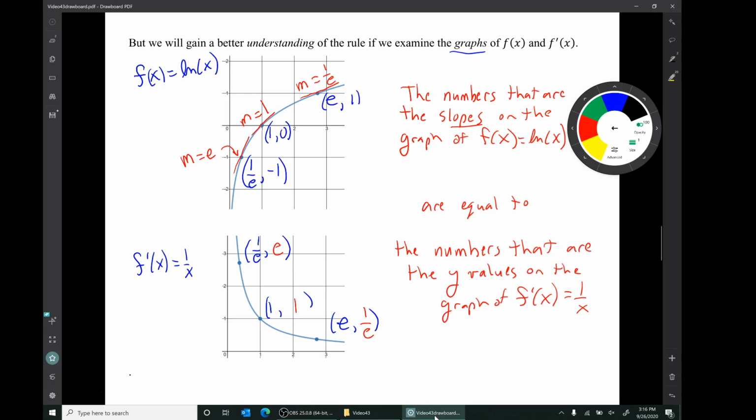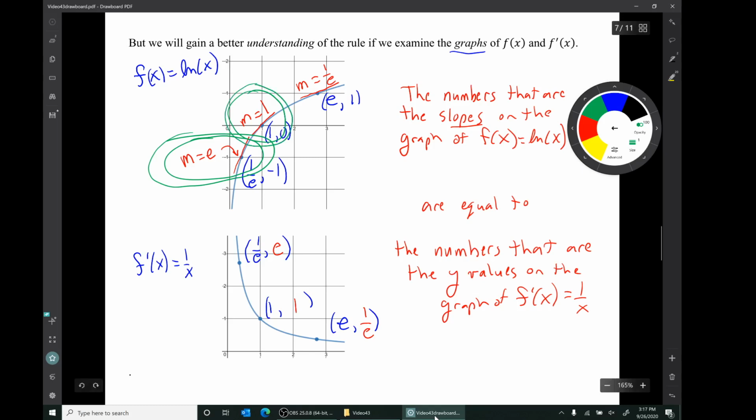And the y coordinate of this point is very close to 1/3. In terms of the slopes on this graph, notice this tangent line is much steeper than this tangent line. The slope of this tangent line is close to 3. The slope of this tangent line is just the number 1.